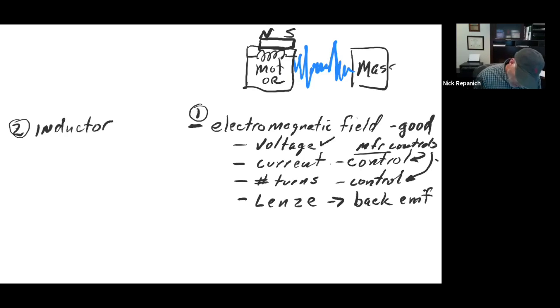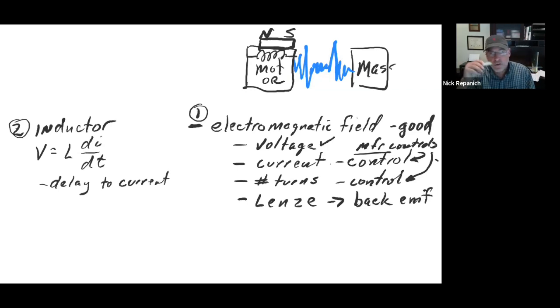So the bad thing about an inductor, if you remember, is that inductors don't like to change current, or they delay current. Similarly, you can think of an inductor as an energy storage device.